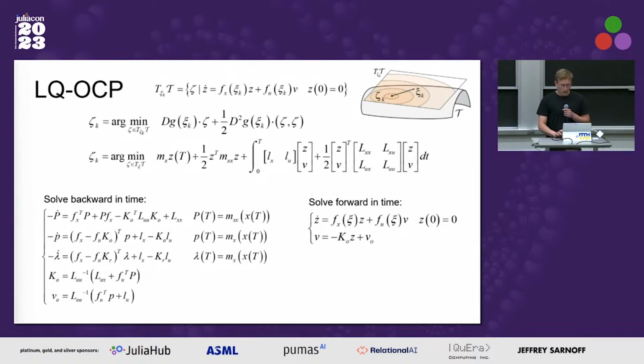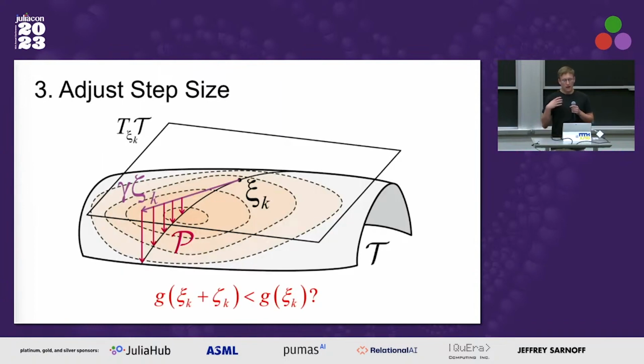However, since we're solving a reduced order problem, we don't necessarily know if the step size that we took quite lines up with the actual manifold itself. So we want to be able to dial it in a little bit and step back along that search direction to see whether we can find a cost on the actual trajectory manifold that is reduced from our previous step.